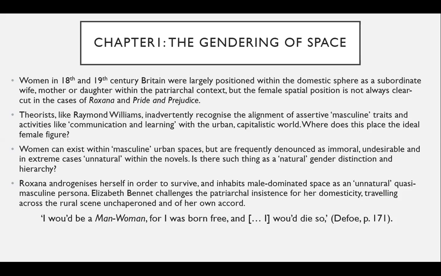You were either supposed to be a man or a woman and exist as such. By androgynizing herself and forming this quasi-masculine persona, she was warping her identity, and that is something that Defoe really concentrates on.